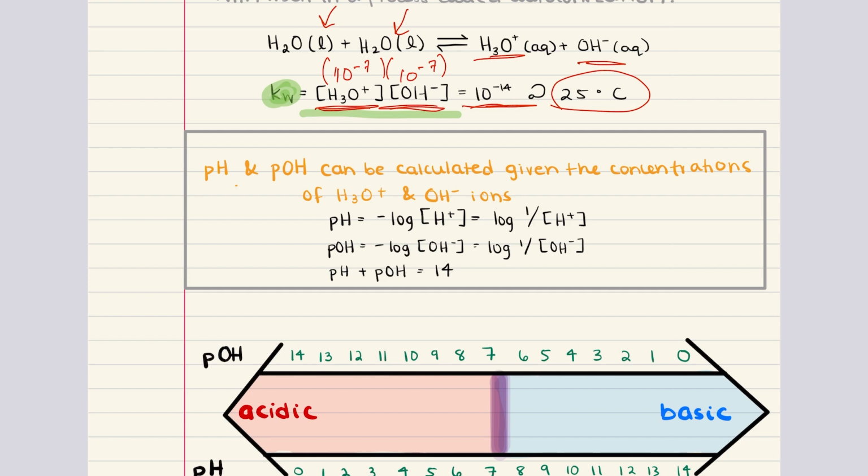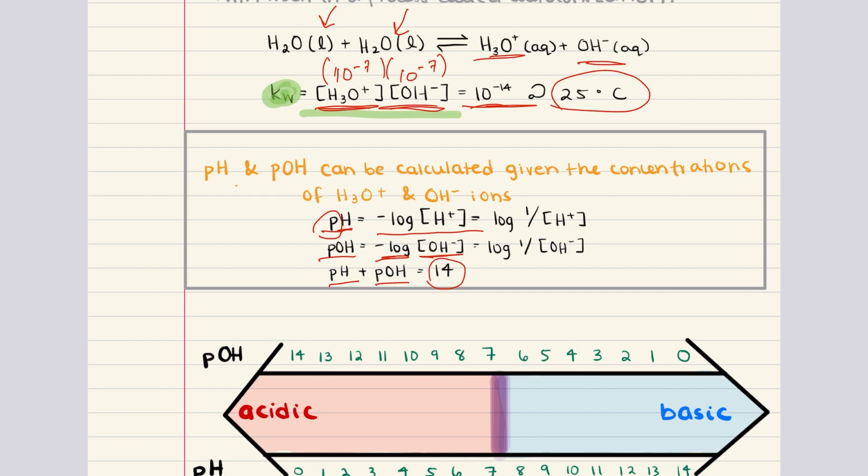When we see pH, P indicates negative logarithm, and the H tells us what we're taking the negative logarithm of. So pH is the negative log of the hydrogen ion concentration. Similarly, pOH is going to be the negative log of the hydroxide ion concentration. pH plus pOH is going to be equal to 14.